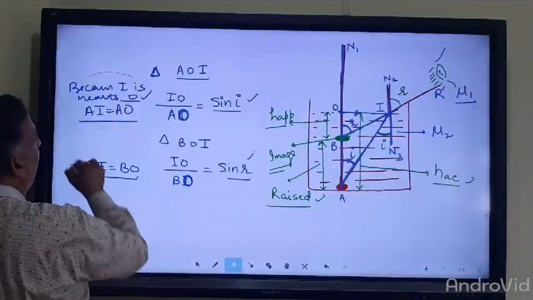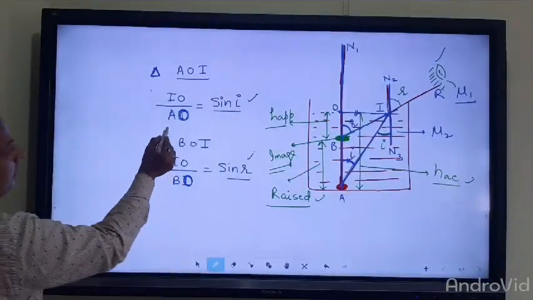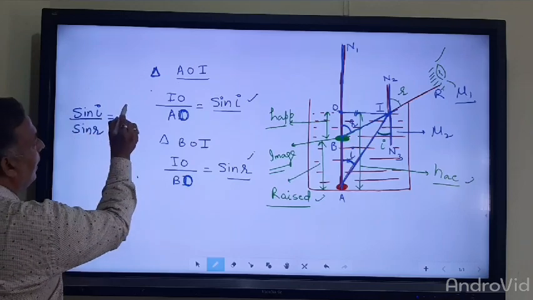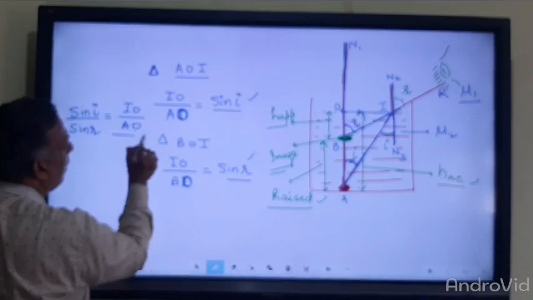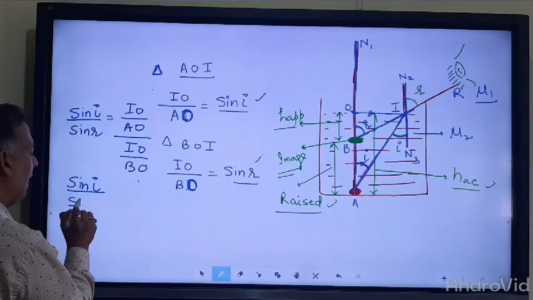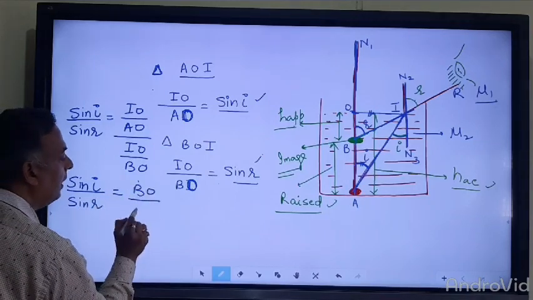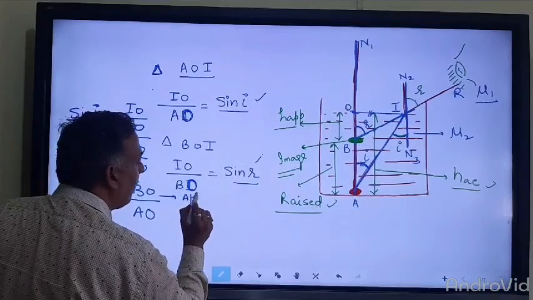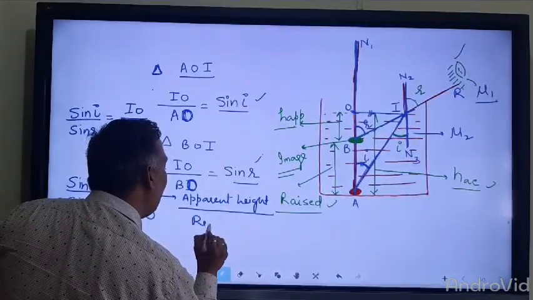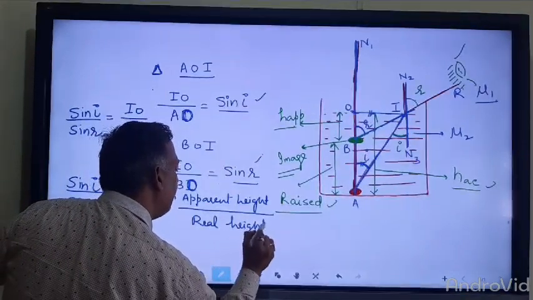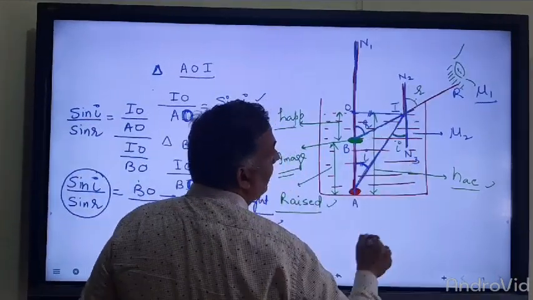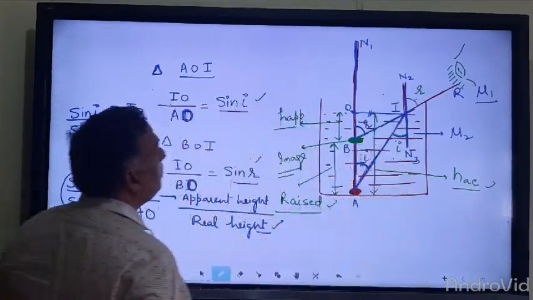Now I divide: sine i upon sine r is IO upon AO divided by IO upon BO, so sine i upon sine r is BO upon AO. BO is the apparent height, and AO is the real height, and this sine i upon sine r is the refractive index of 1 with respect to 2.